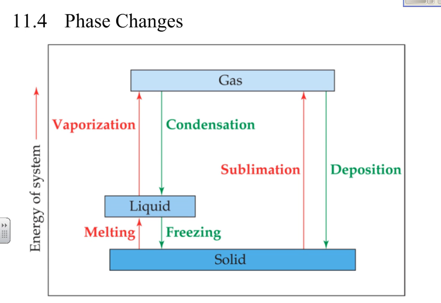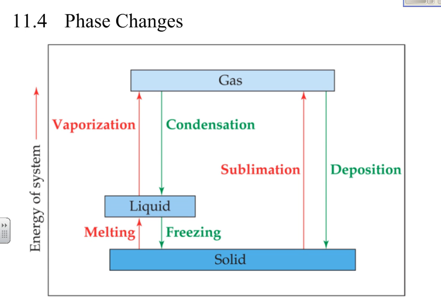Here we have a chart describing the changes of state, or the phase changes. So again, this shouldn't be anything horribly new to us. Any change that goes up, so for instance from solid to liquid or liquid to gas, any of those things are going to require an addition of energy to overcome the attractive forces.